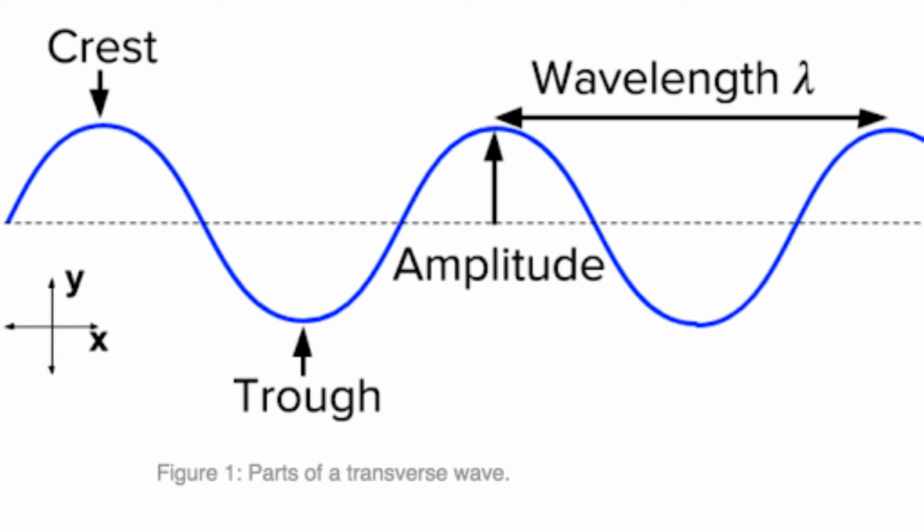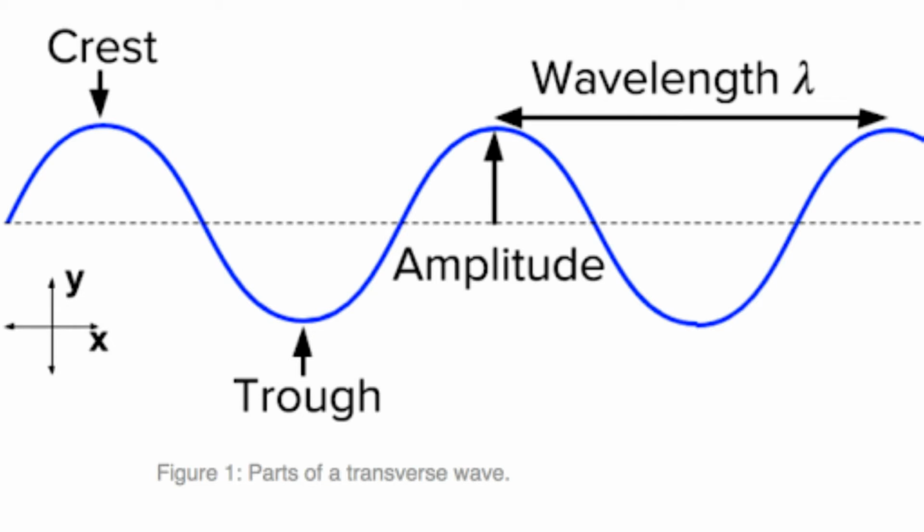More about these waves we will be discussing in higher classes. Now coming to the next one, frequency. Frequency is the number of waves produced in unit time. If I say the frequency of a tuning fork is 480 hertz, that means in 1 second the prongs of the tuning fork vibrate 480 times.